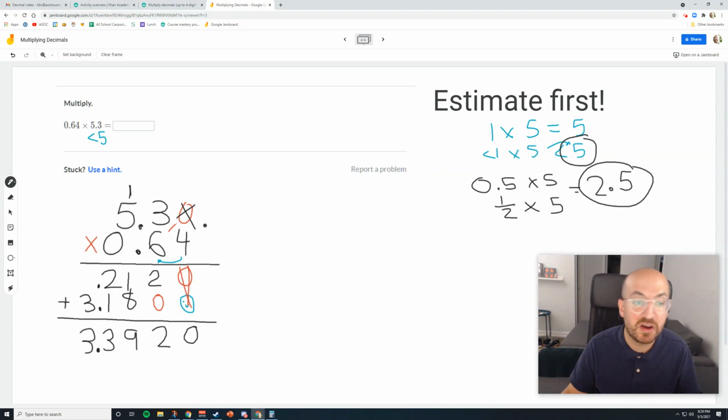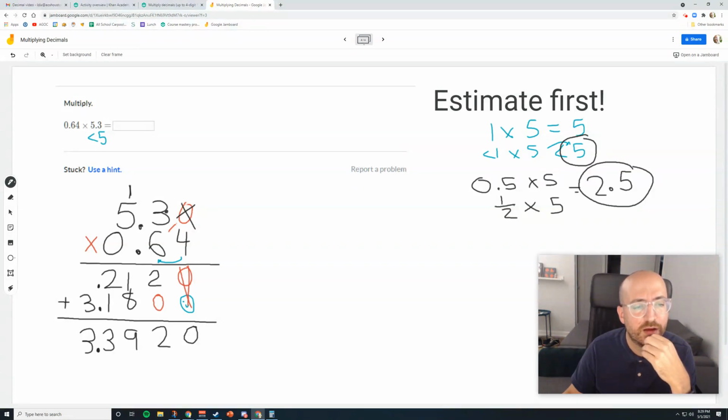100th of 100th is a 10,000th. 100th of a 10th is a 1,000th. 100th of 1 is 100th. Nice. So that's where this decimal place goes. A 10th of 100th is a 1,000th.